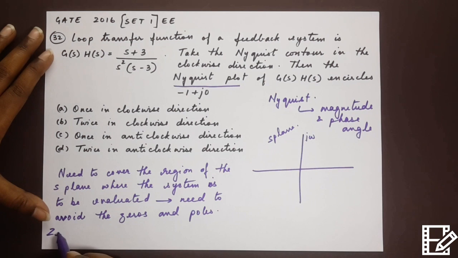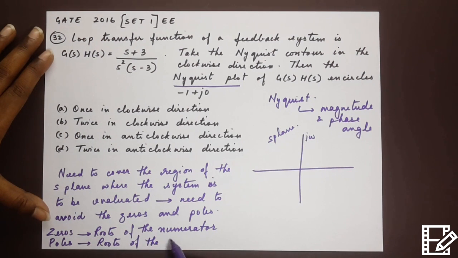The zeros are the roots of the numerator. You should remember that. Zeros are the roots of the numerator and poles are the roots of the denominator.